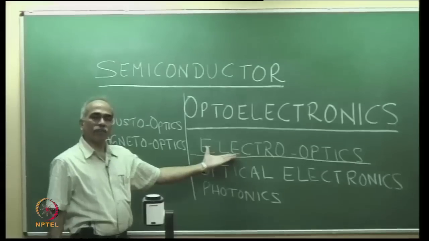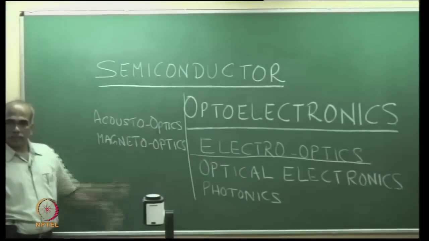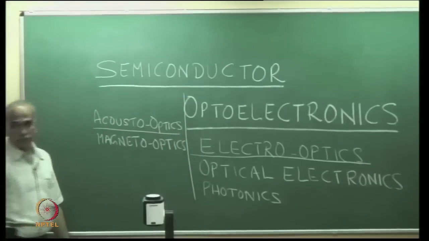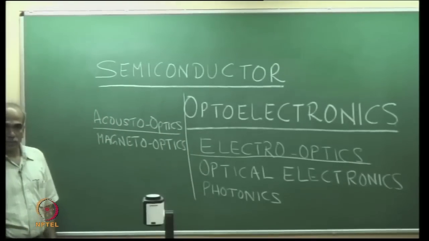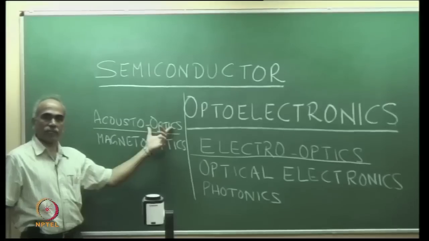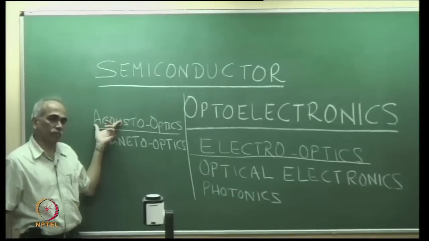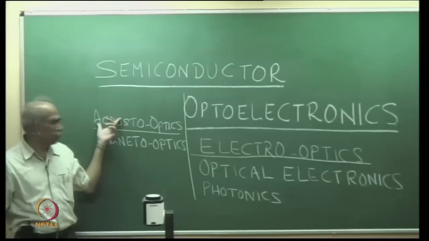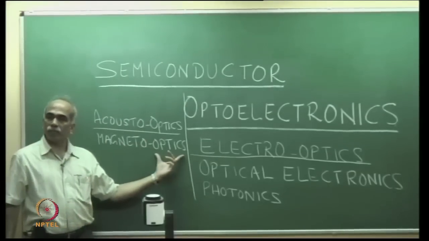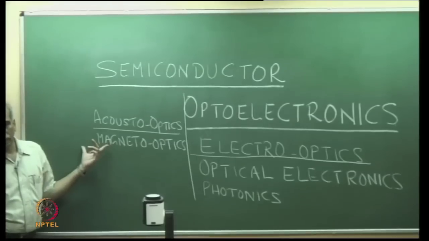Exactly as I defined electro-optics, in acousto-optics they also deal with optical systems or optical devices where the propagation properties of light are affected by an applied acoustic field. And in magneto-optics, the optical properties are affected by an applied magnetic field.